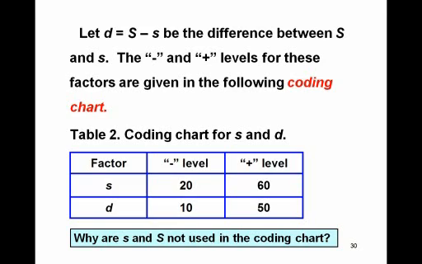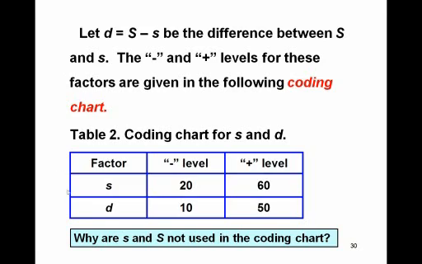In general, it is not necessary to have the two differences in levels be equal, in this case 40. And you might ask, why do we parameterize things as little s and little d rather than the more obvious little s and big S?